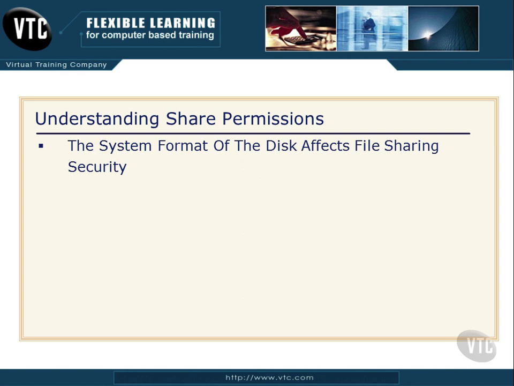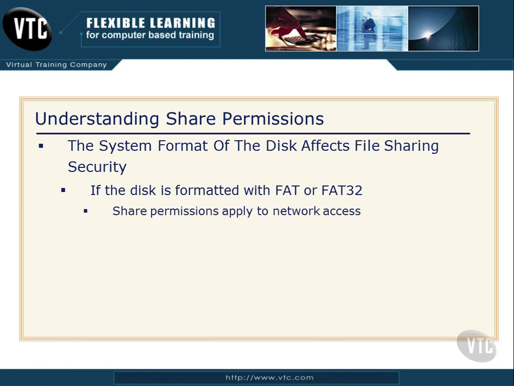Now, first of all, understand that the system format of the disk that you're doing the file sharing on affects the type of file sharing security. If that disk that the file or folder is sitting on that you're trying to share is formatted with the FAT or the FAT32 system, then the share permissions apply to network access.